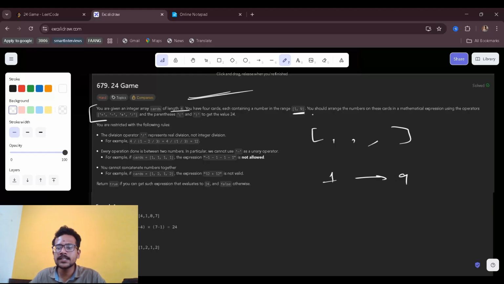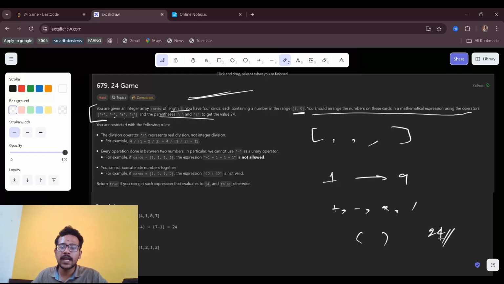You should arrange the numbers on these cards in a mathematical expression using the operators plus, minus, multiplication and division. So addition, subtraction, multiplication and division, right? And we can use parentheses, open and closed, to get the value of 24.